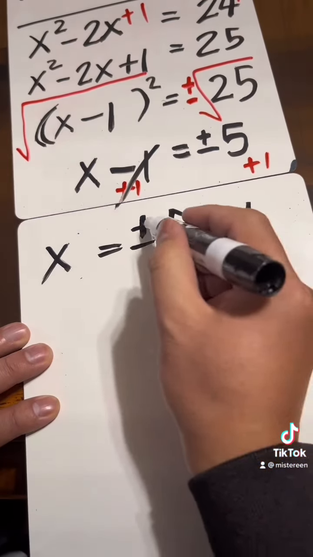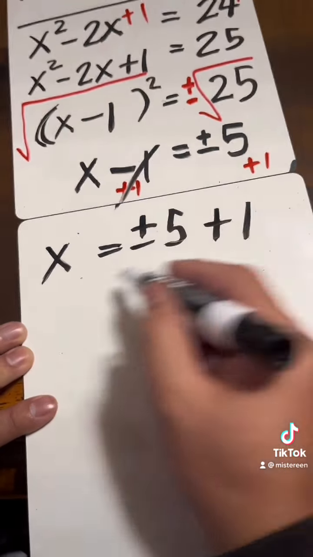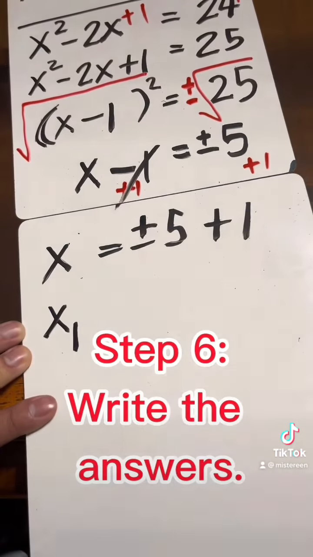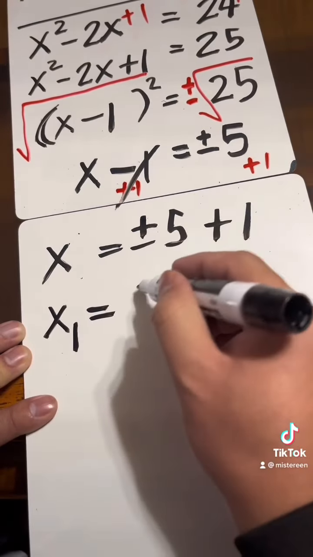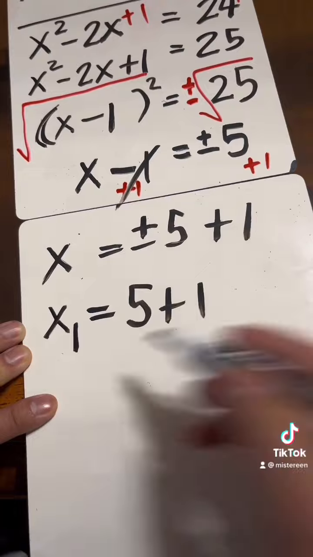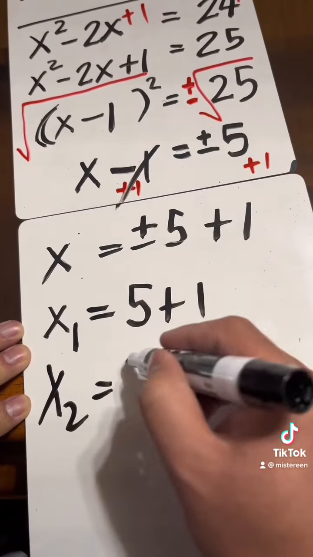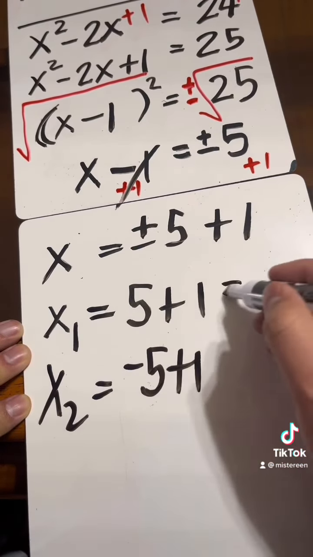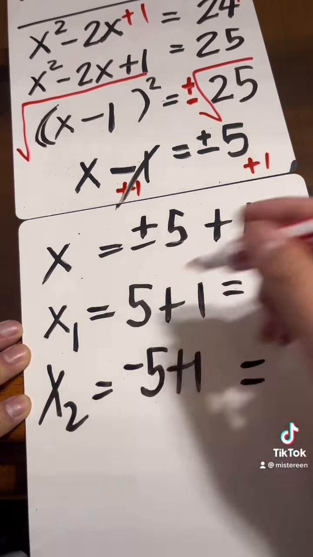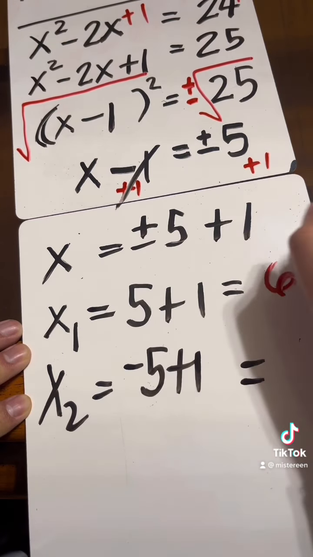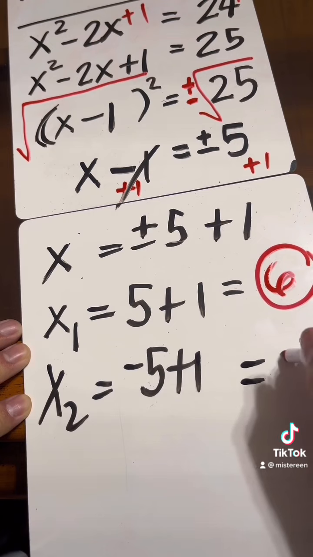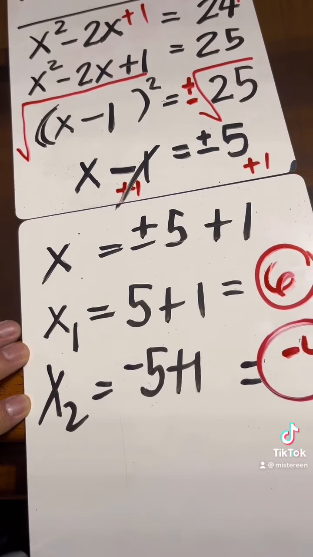Now remember, this is plus 5 and minus 5. We can separate that. The two answers that we're looking for: the first x value will have positive 5 plus 1, and the second answer will have negative 5 plus 1. Alright? 5 plus 1 is 6. So that's your first answer. Negative 5 plus 1 is negative 4. That's your second answer, negative 4.